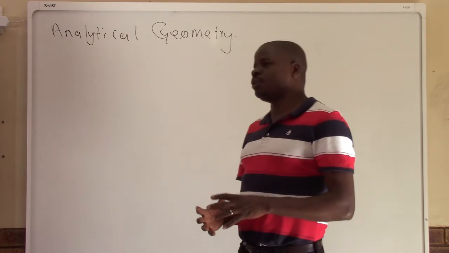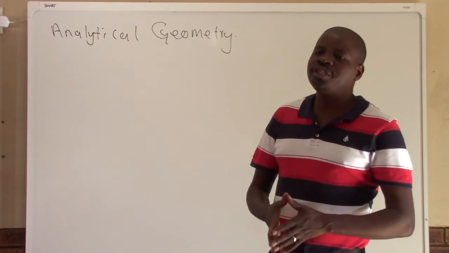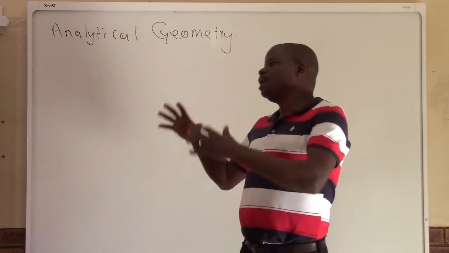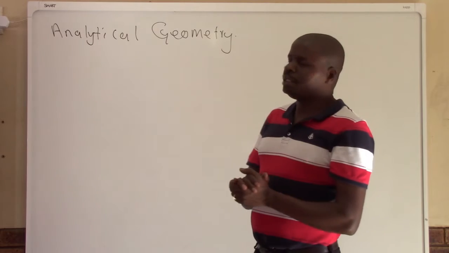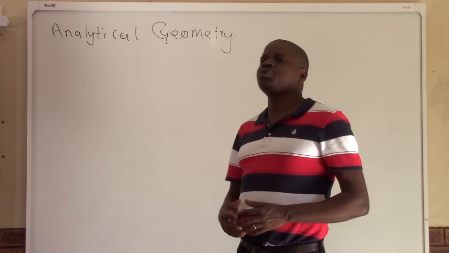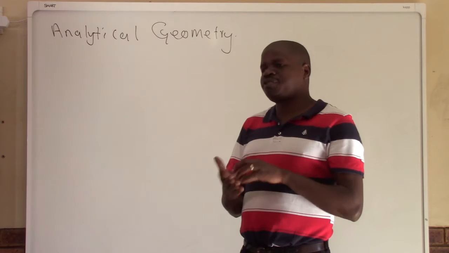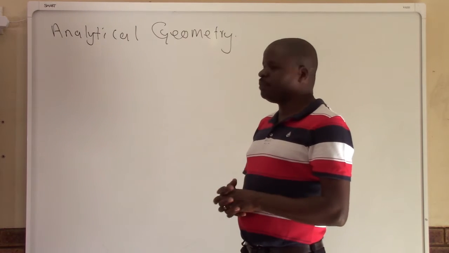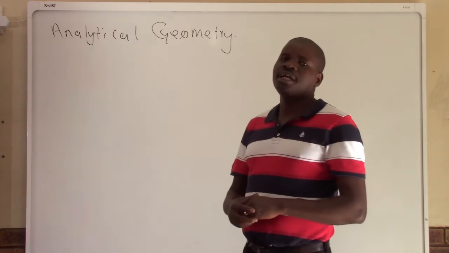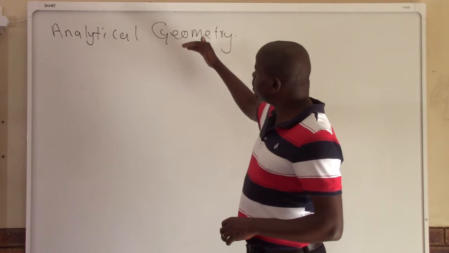Analytical geometry is the one we deal with within a Cartesian plane, unlike Euclidean geometry, which is just out in space. This one is specifically inside a Cartesian plane. We're dealing with coordinates to deal with this kind of geometry.